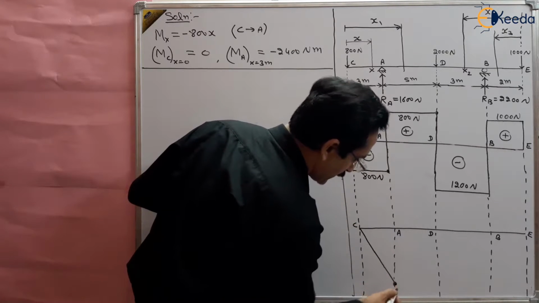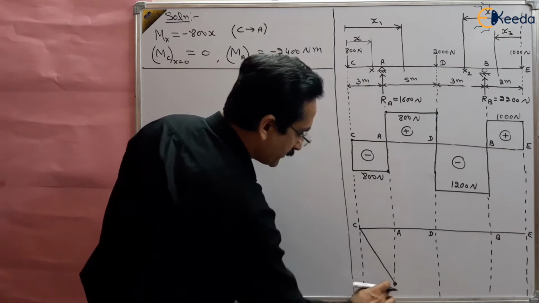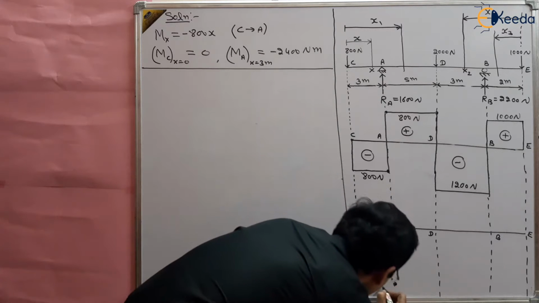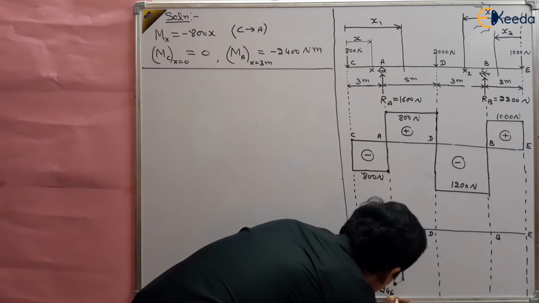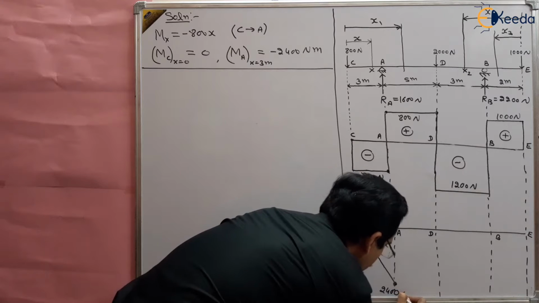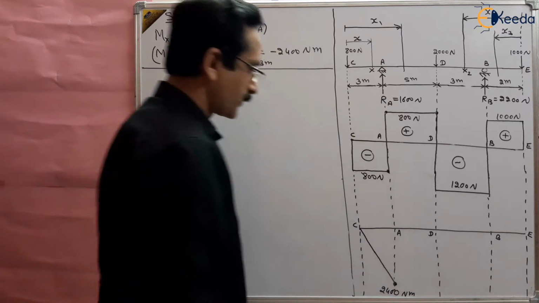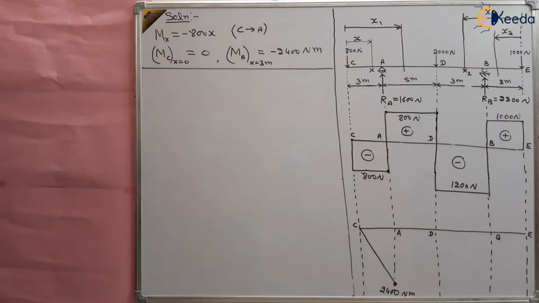So this is 2400 Newton meter at point A, isn't it?